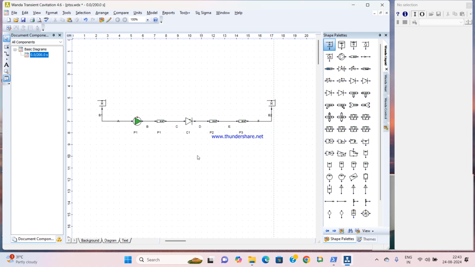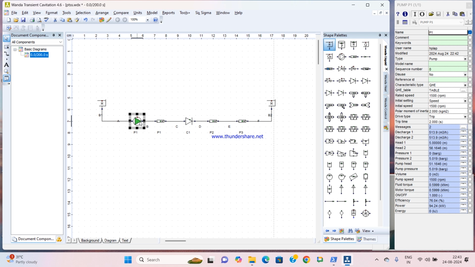In the pump, I added some extra parameter during the transient study. This is the GD square value, because once the power supply fails, the pump will not immediately come to zero speed.